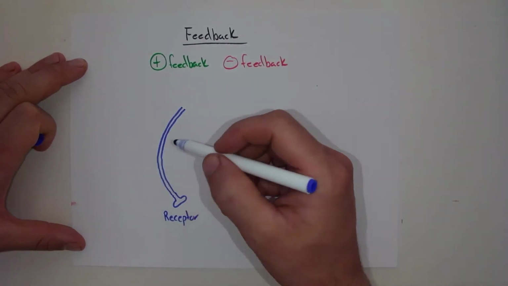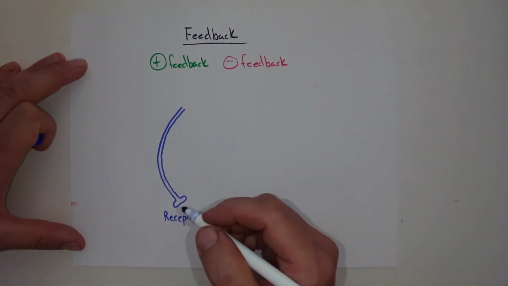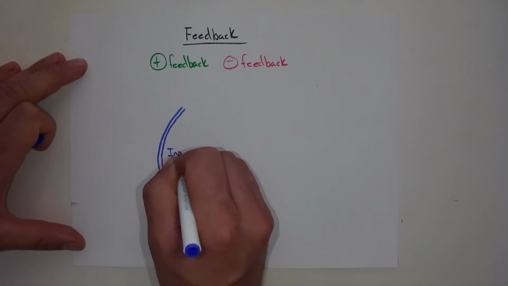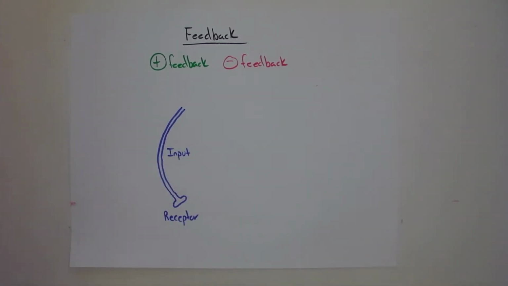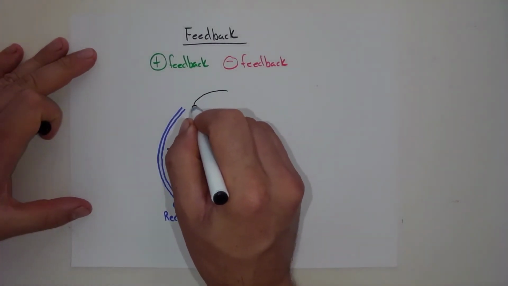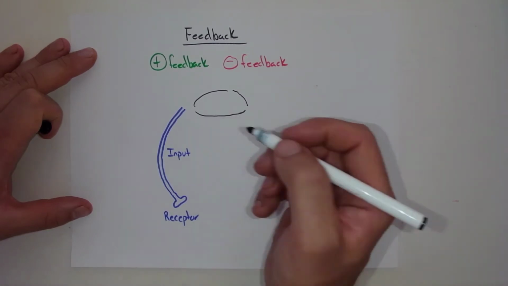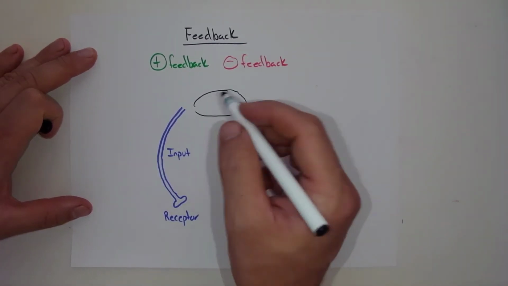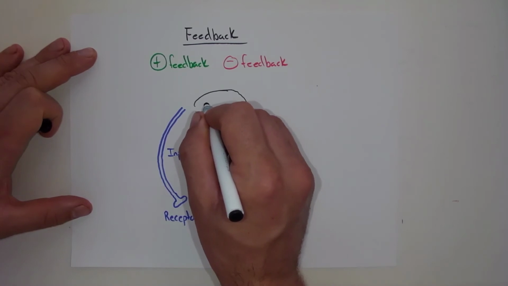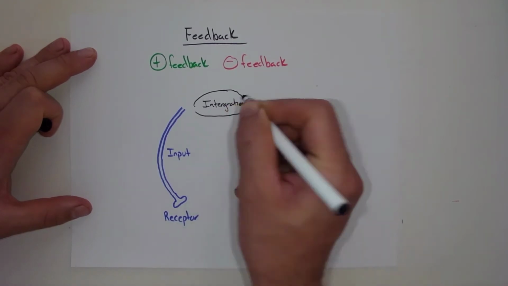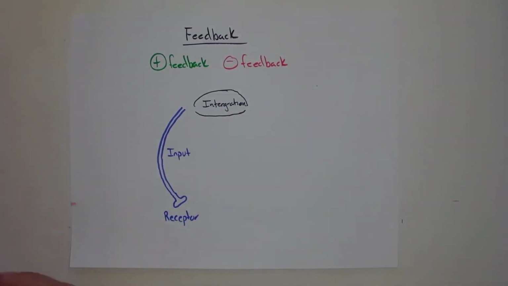In this case, it would be an afferent pathway from a sensory neuron, but for now I'll just call it the input, into an integration center. This would be the central nervous system. If we were talking the CNS, or the nervous system, or the body, this is going to be an integration center that can make sense of that input.